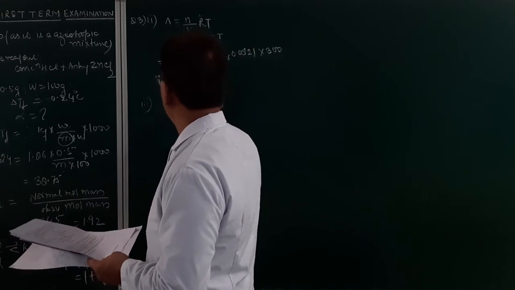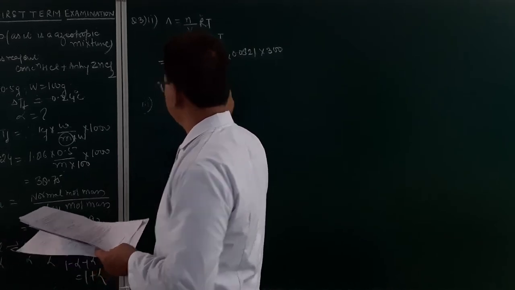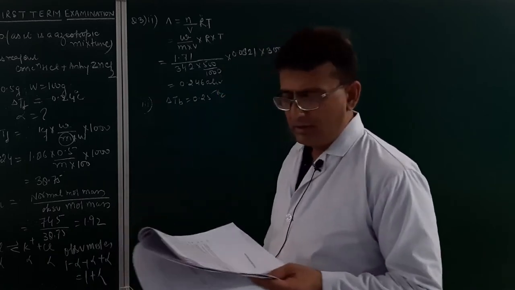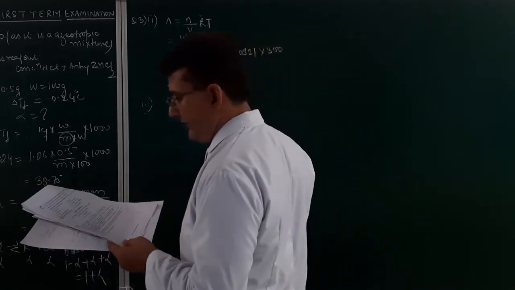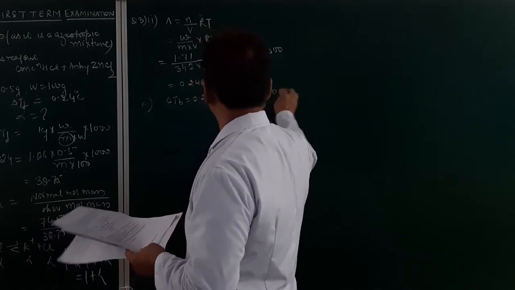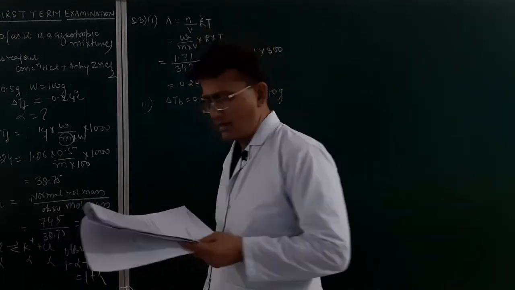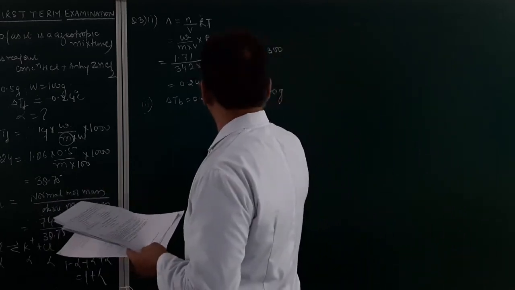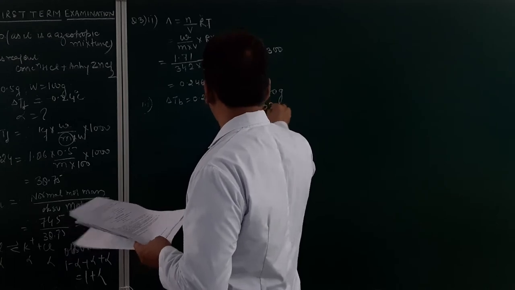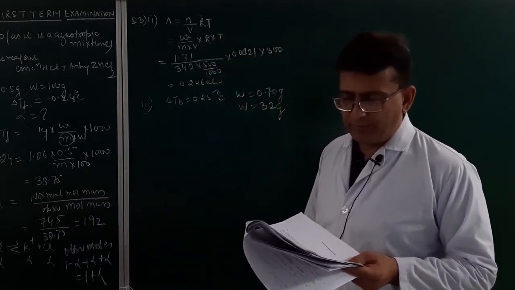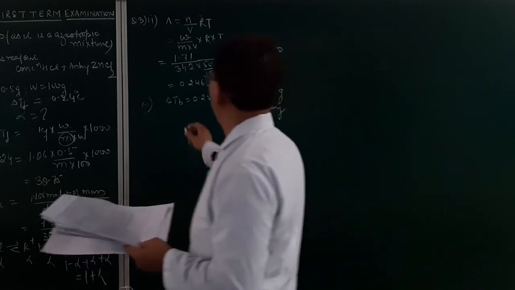Delta TB is given 0.25 degree C. Weight of solute is given 0.70 gram, dissolved in 32 gram of acetone, capital W is given 32 gram. Calculate the molecular mass of the organic compound. M is to be calculated.